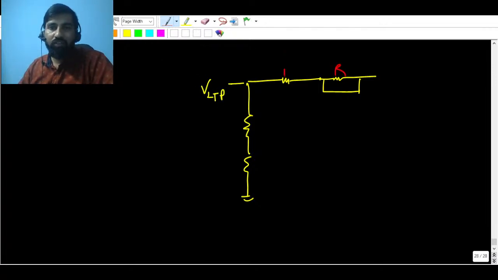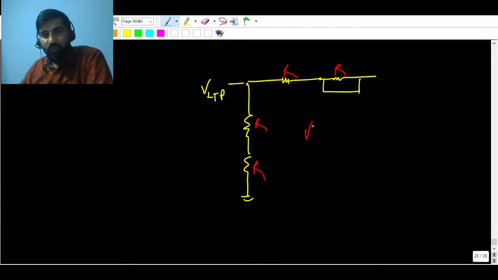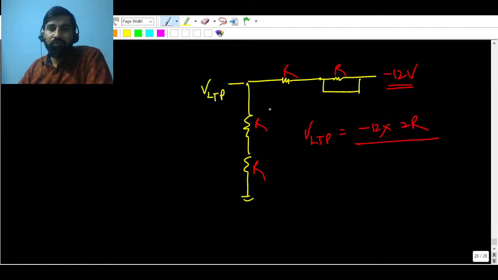This is after all minus 12 volt, so VLTP is minus 12 into 2R upon 3R, because this R will not come into the picture, as it is short circuited.